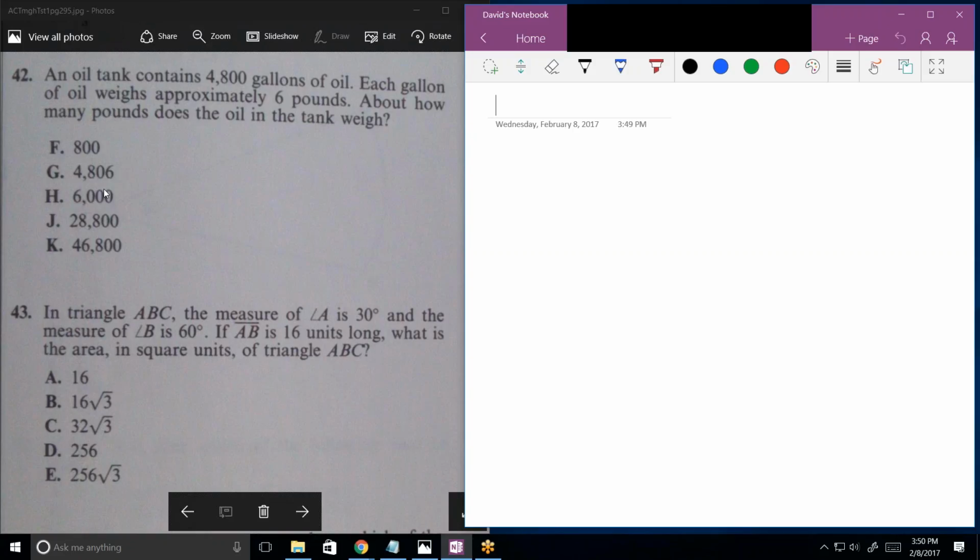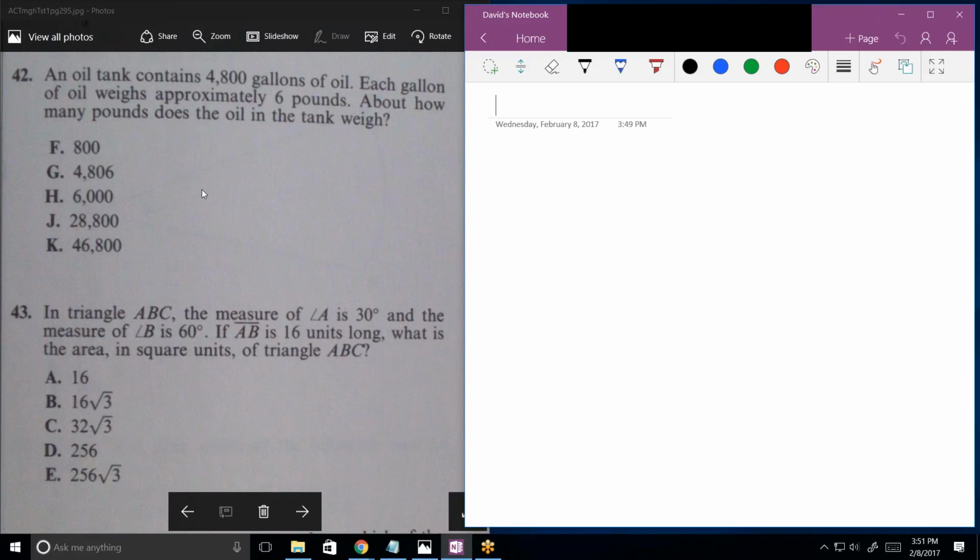This is very, very common for the ACT, that they do not really make it advantageous to have a calculator. You don't need a calculator on almost any of these problems. Because they put the answers in such a wide range, there's no way that 6 times 4 can be 46, even with the change of 800.